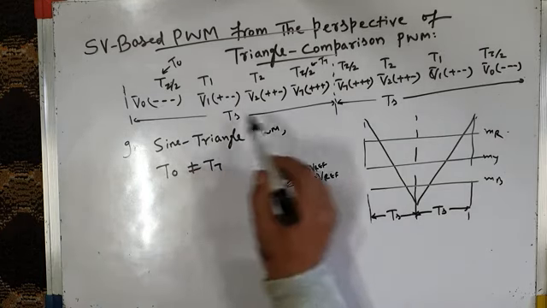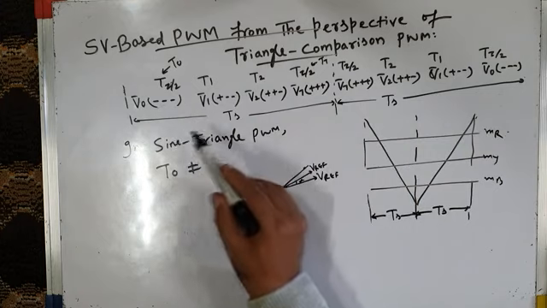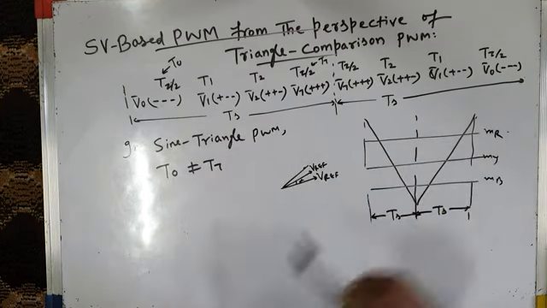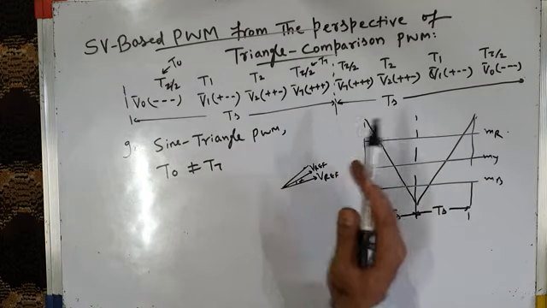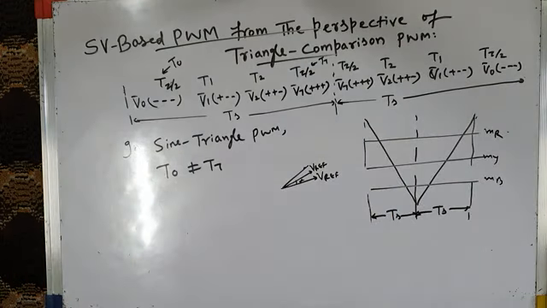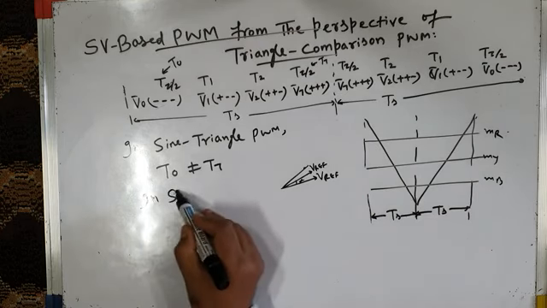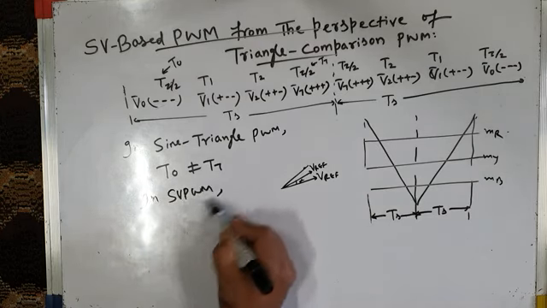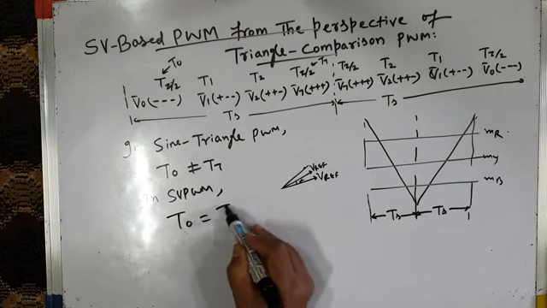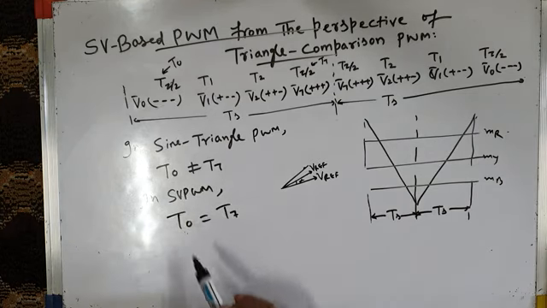Whereas in the space vector PWM technique, the same switching sequences are followed, say in sector 1, and similarly in other sectors. But in the SVPWM technique, the time intervals for the two null vectors are the same. That means the two null vectors are equally divided.